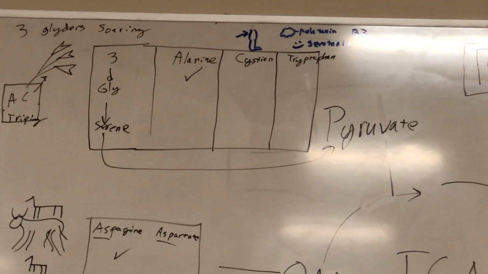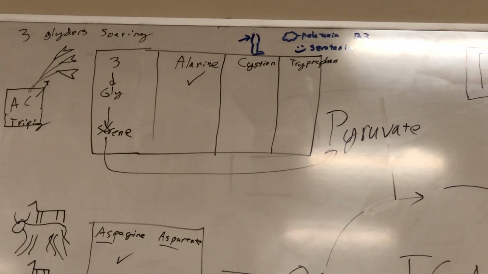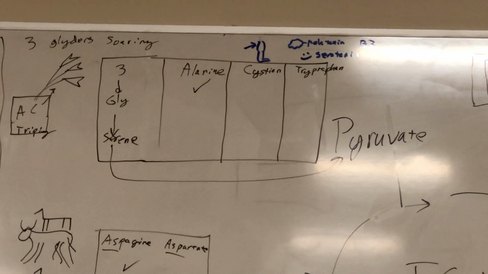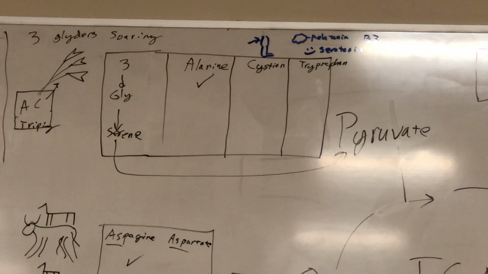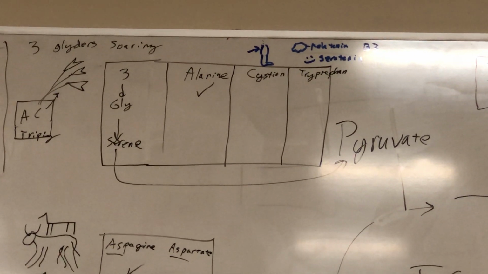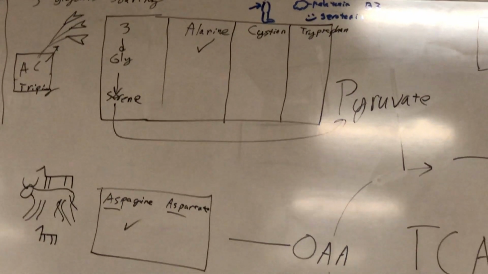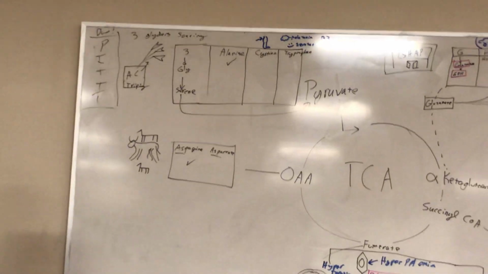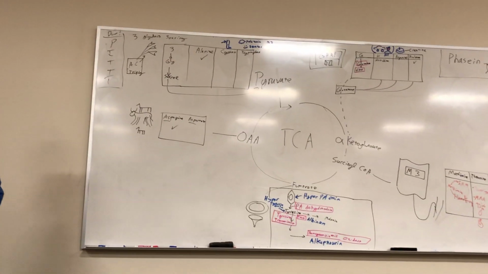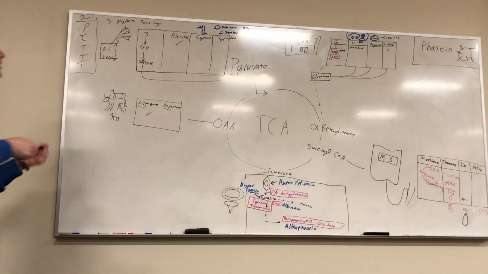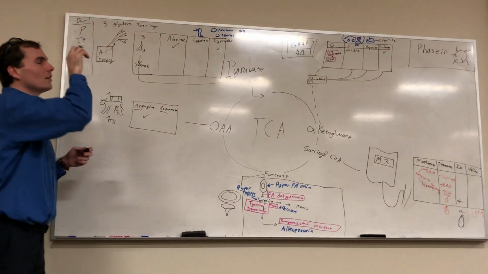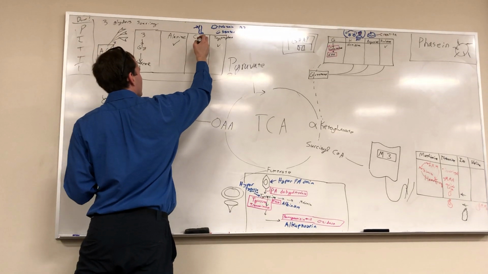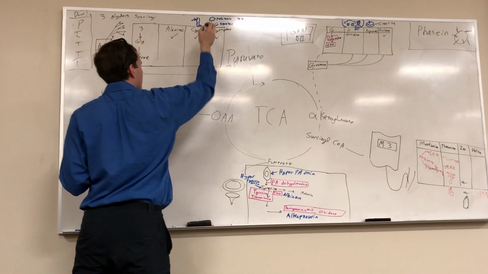All right, so that is how much time we have. Go ahead and review the oxaloacetate and then the cysteine and tryptophan, they just go straight down into pyruvate, just like the rest, right? Tryptophan does, cysteine does as well.